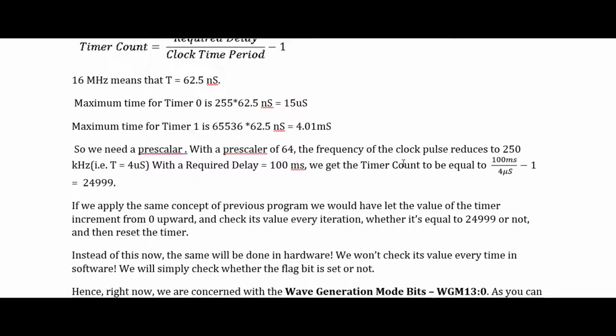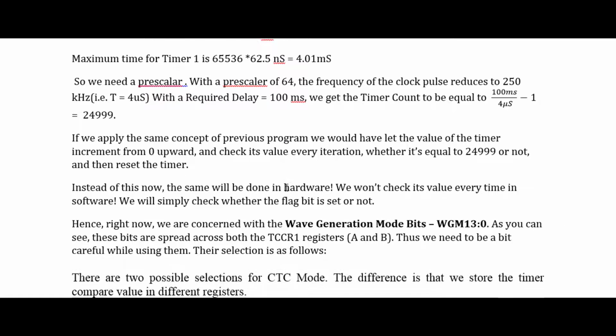In simple calculation, we will find that a prescaler of 64 is enough to reduce the frequency to 250 kilohertz. So T will be 4 microseconds. The new prescaler gives a new T. We calculate the new timer count and the result is 24999, which is in the range of timer 1.